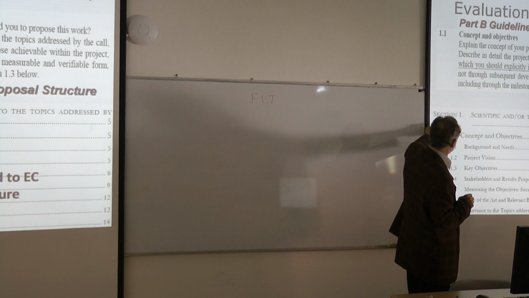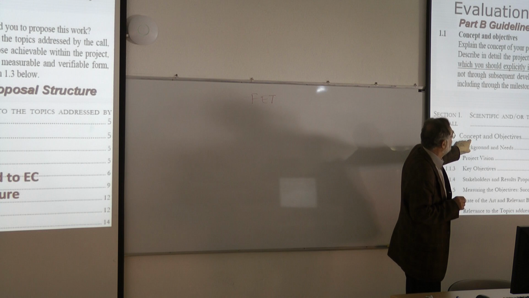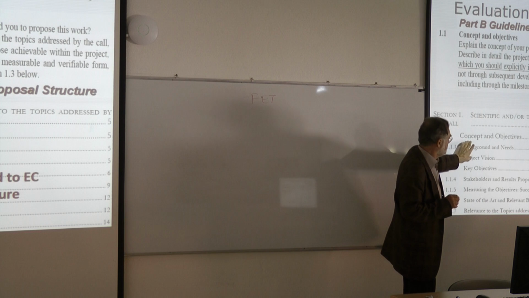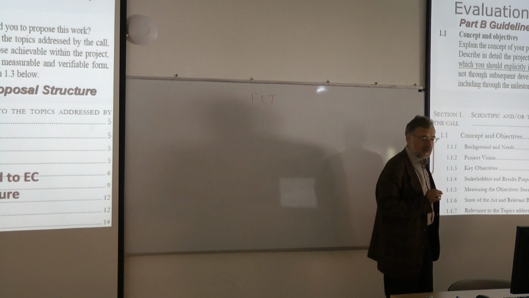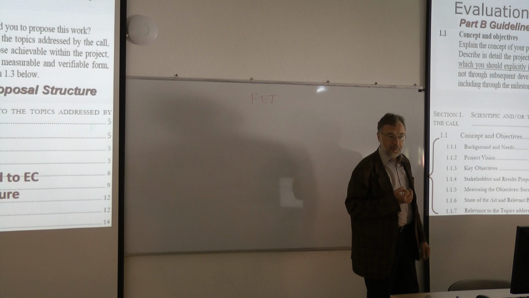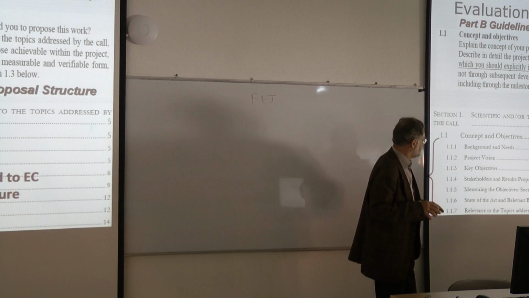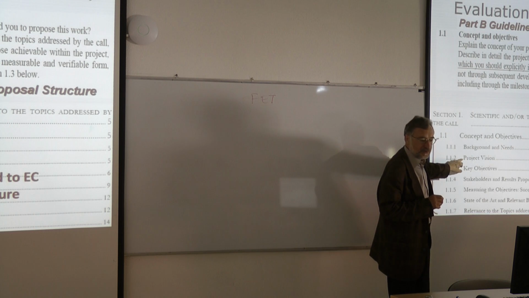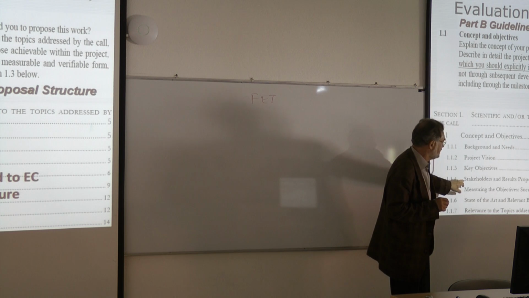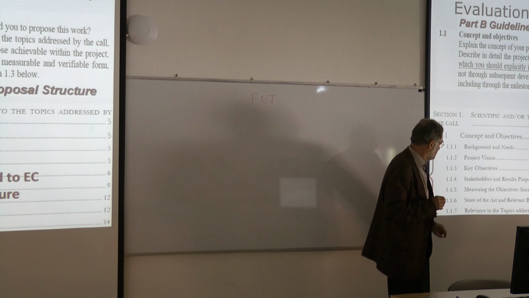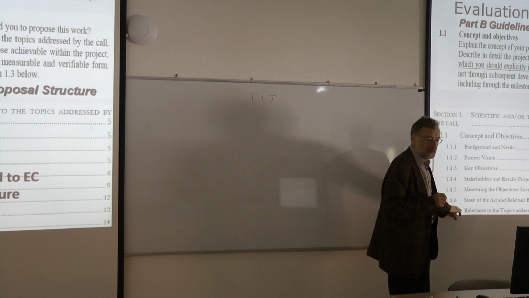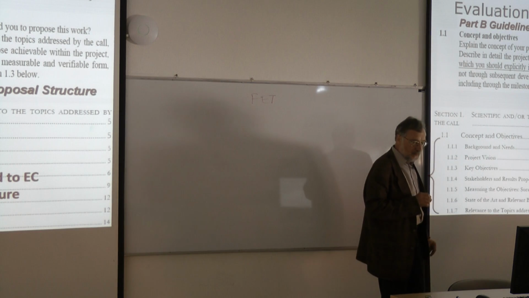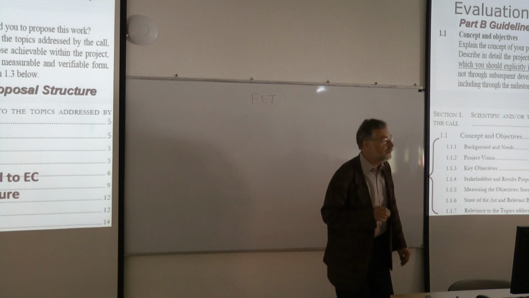What we did, we thought about this and inserted a substructure into this section: background and needs, project vision, key objective, who are the stakeholders, measuring the objectives, state of the art, and relevance to the topics addressed in the report, and so on.